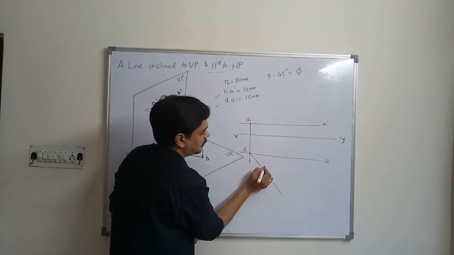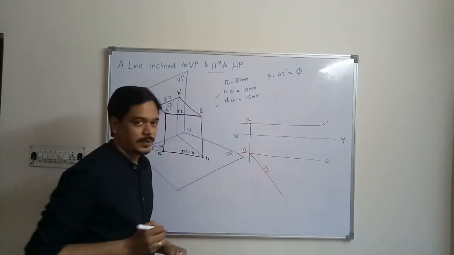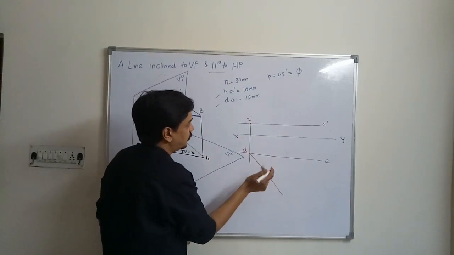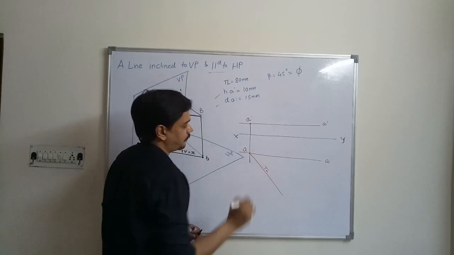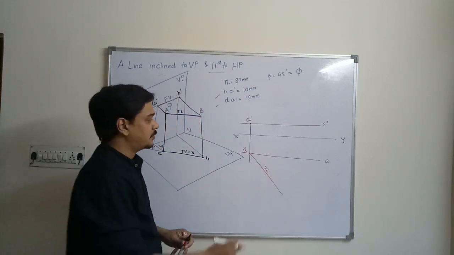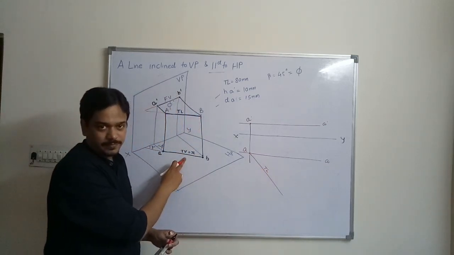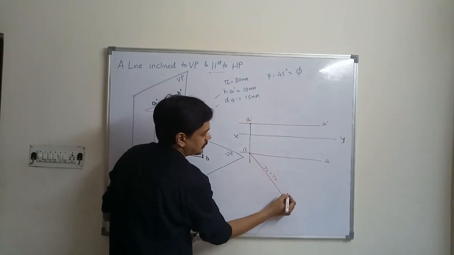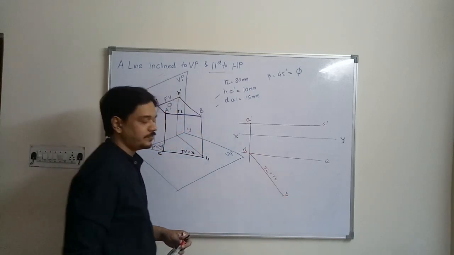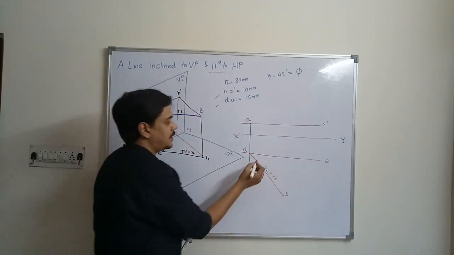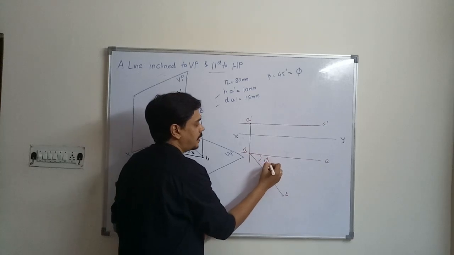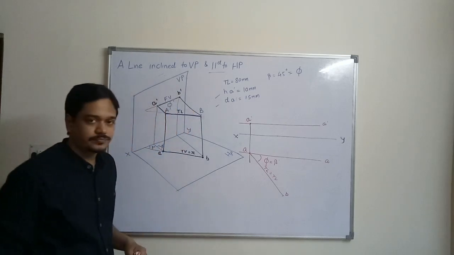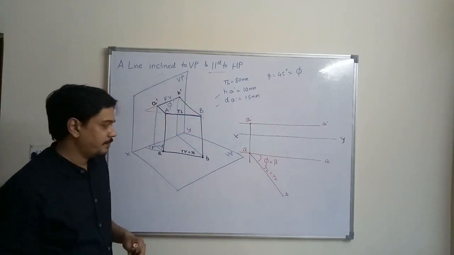This is the length of top view. It is given as the true length. Since the true length is equal to top view length, I am naming this point as B, and this angle is nothing but phi is equal to beta.